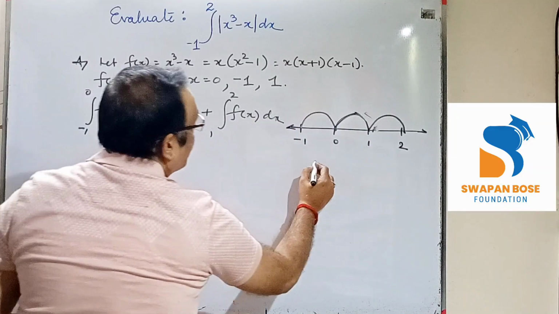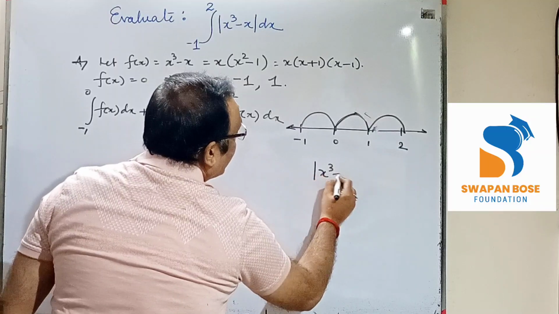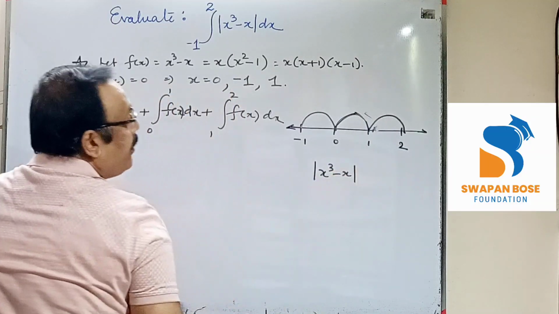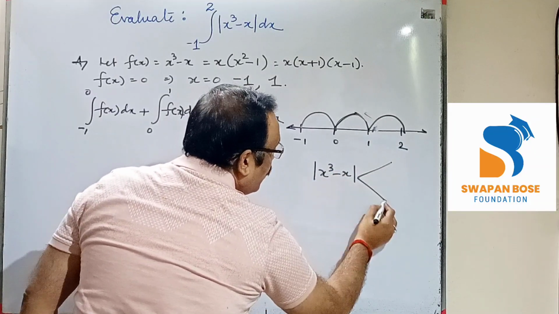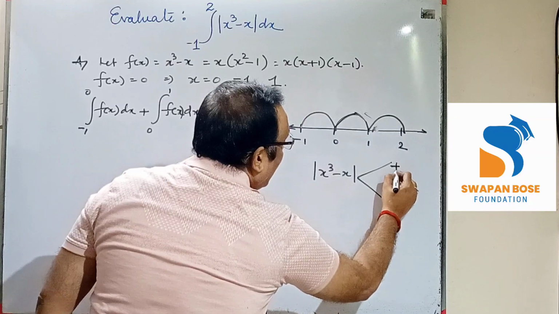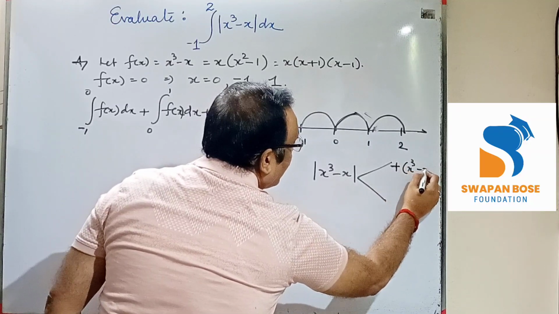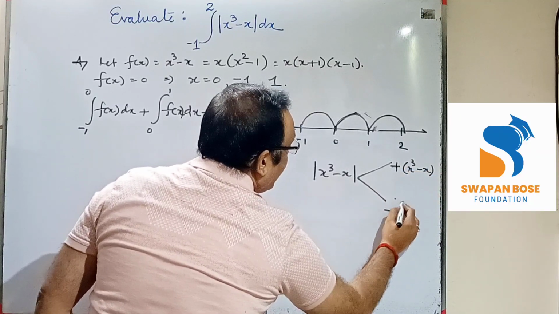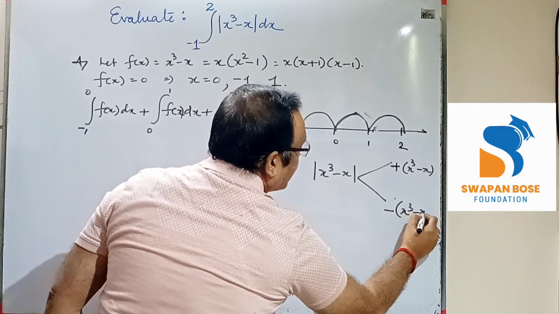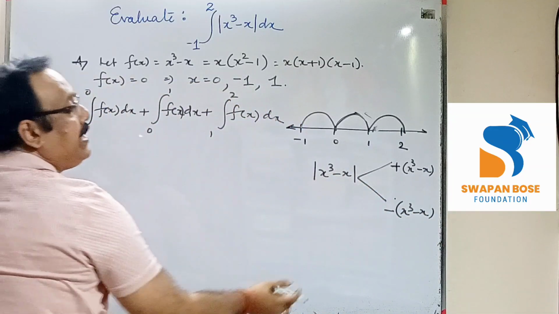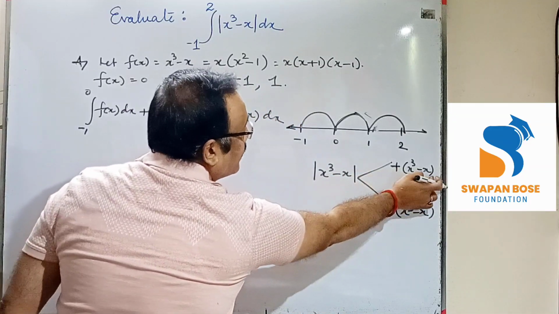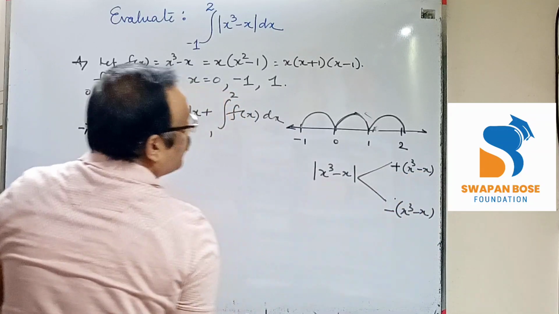Since it is a mod function, we know the mod of x cube minus x gives us two possibilities: either plus x cube minus x, or minus of x cube minus x. So mod functions can be split into either positive x cube minus x or minus of x cube minus x.